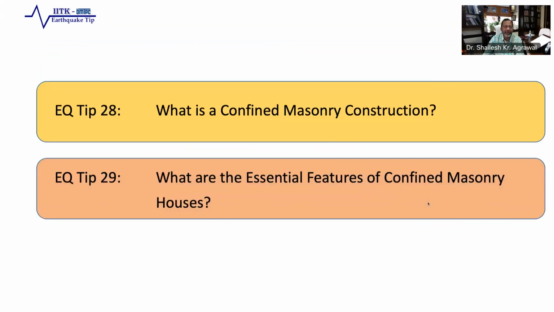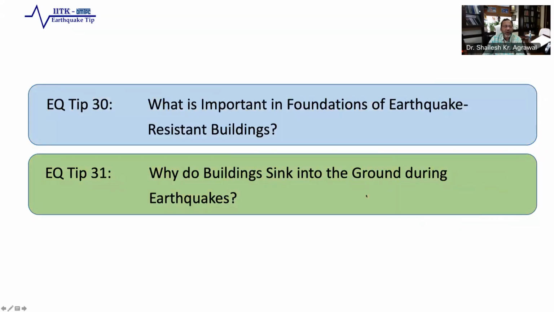Earthquake tips number 28 and 29 are on confined masonry construction and earthquake resistant techniques for masonry buildings. Foundations are often ignored for their earthquake performance, and therefore tip number 30 and 31 are dedicated to foundations and ground effects due to earthquakes.